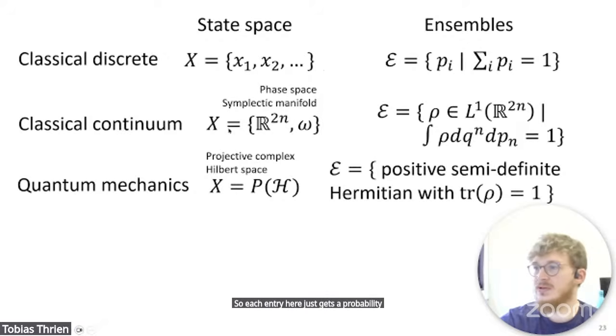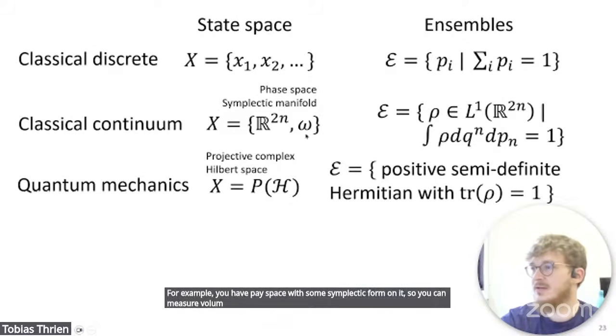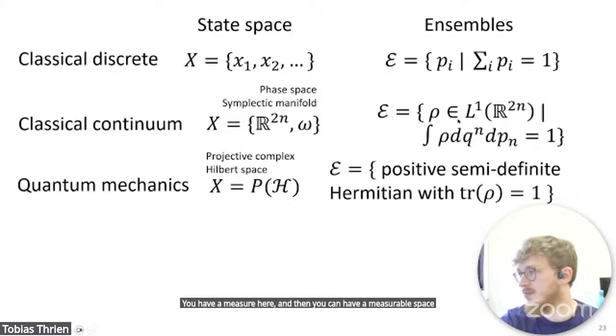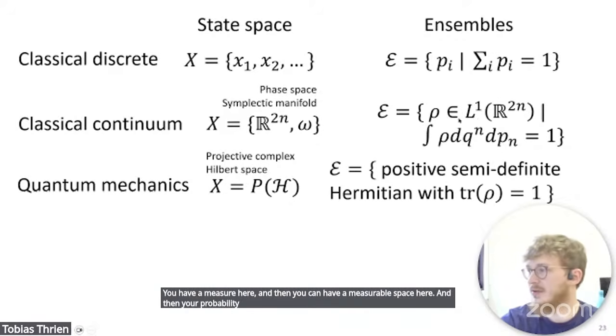If you have a whole continuum, for example, you have phase space with some symplectic form on it, so you can measure volumes. Then you have a measurable space here, and your probability will be a probability measure, and all of these probability measures will form your ensemble space.